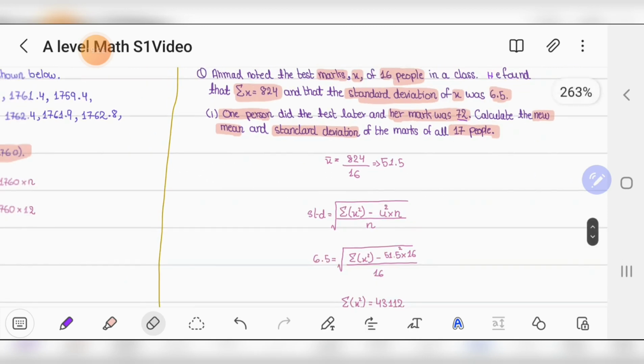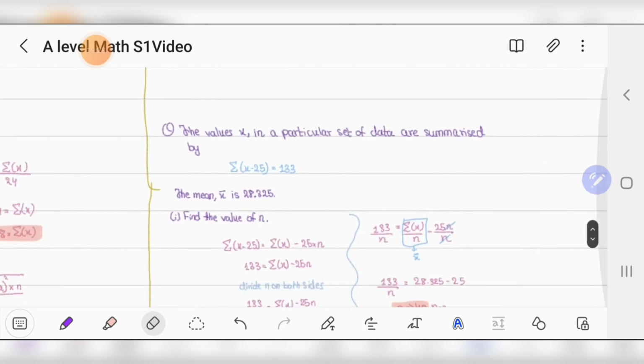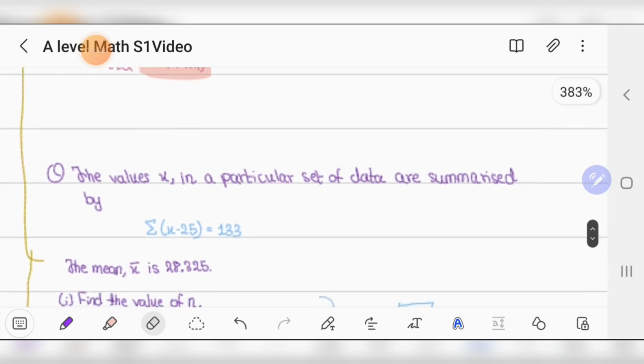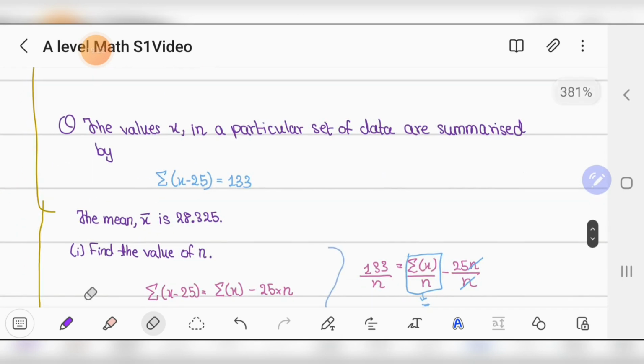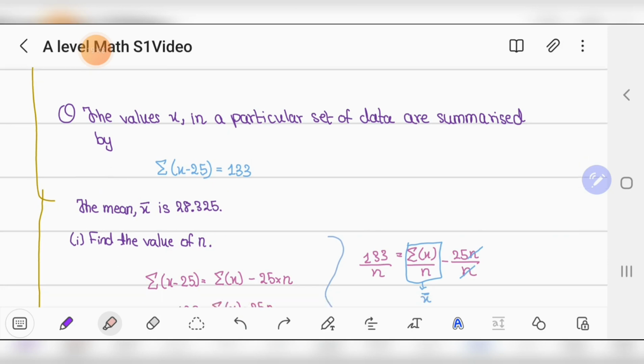Alright, let's move on ahead. This is another question. The values of x in a particular set of data are summarized by this. The mean is this. Find the value of n. Okay, so I have this, and I have this, and I need to find the value of n. In order to find the value of n, I'm going to put a formula. This is a formula.